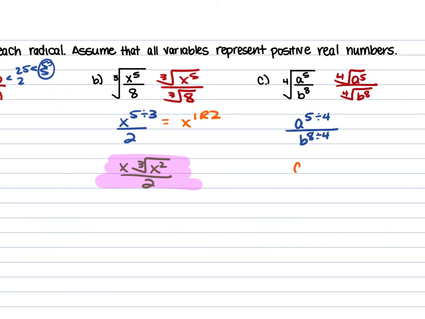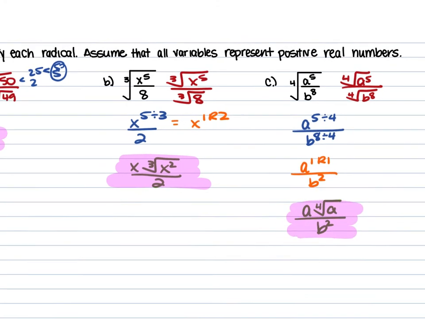So this gives us a to the 1st power with a remainder of 1 over b squared. That a to the 1st power with a remainder of 1 is rewritten as a times the 4th root of a. And then we have that b squared underneath it. So it's just a times the 4th root of a over b squared.